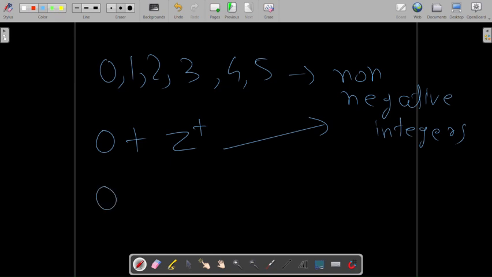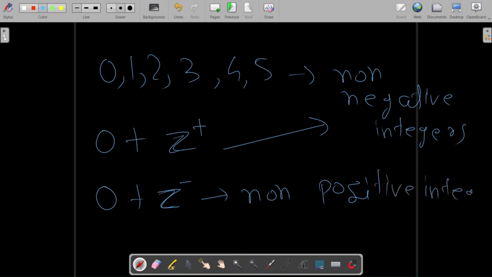Similarly, if I add 0 to the set of negative integers, then we will get the set of non-positive integers, and the numbers will be like this: 0, -1, -2, -3 up to minus infinity, and here the numbers tend to plus infinity.